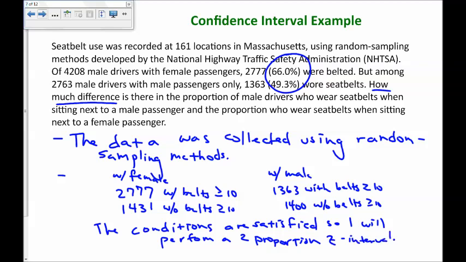I've checked my conditions and I've stated what test I'm going to do. I should next calculate that interval.